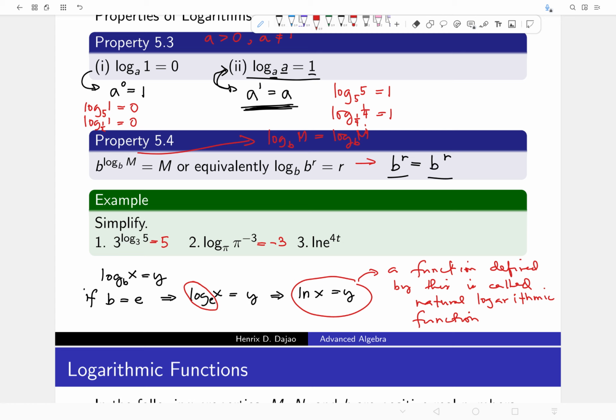Okay, just like our natural exponential function where our base is e.